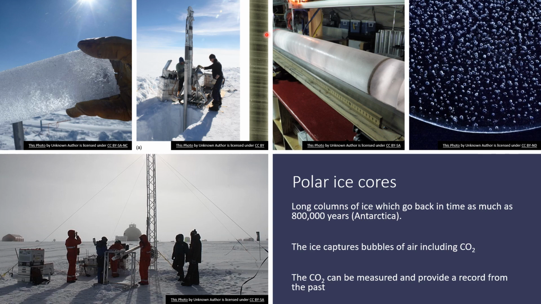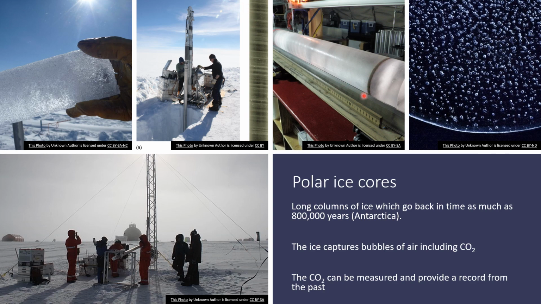We're able to work out the conditions at the surface of these areas in the past. In many cases, they're almost like tree rings. We see bands within the ice representing individual years of snow accumulation, which means we can very precisely work out what's happening in the past.